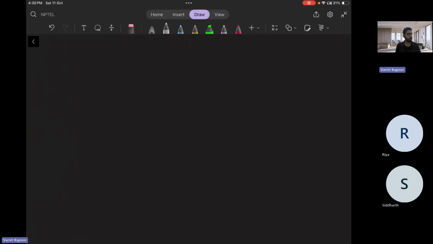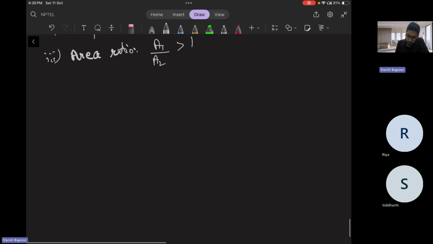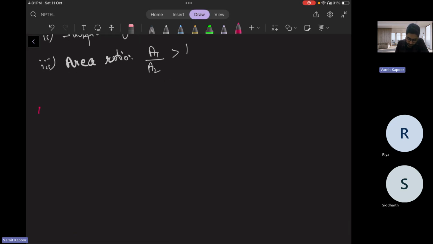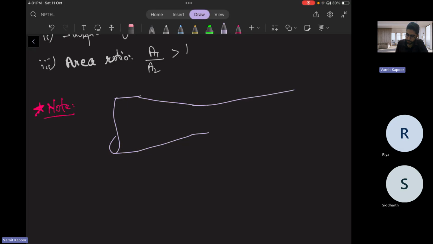All clear till here? Also, let us make a note here. If I have a venturimeter like this, and my manometer is a differential manometer. You have seen what a differential manometer is, what a U-tube manometer is, all this.